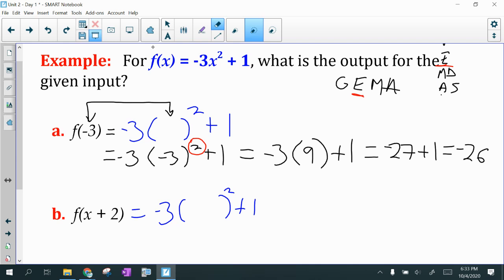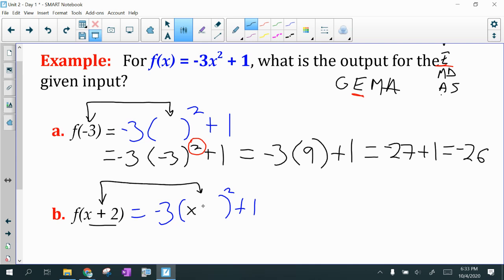All right, and now it's time for me to figure out what I need to substitute in. Well, in the place of the f of, they've got x plus 2. So what do I need to do there? Well, I need to substitute that whole x plus 2 into this function. Keep in mind, that's the trick.